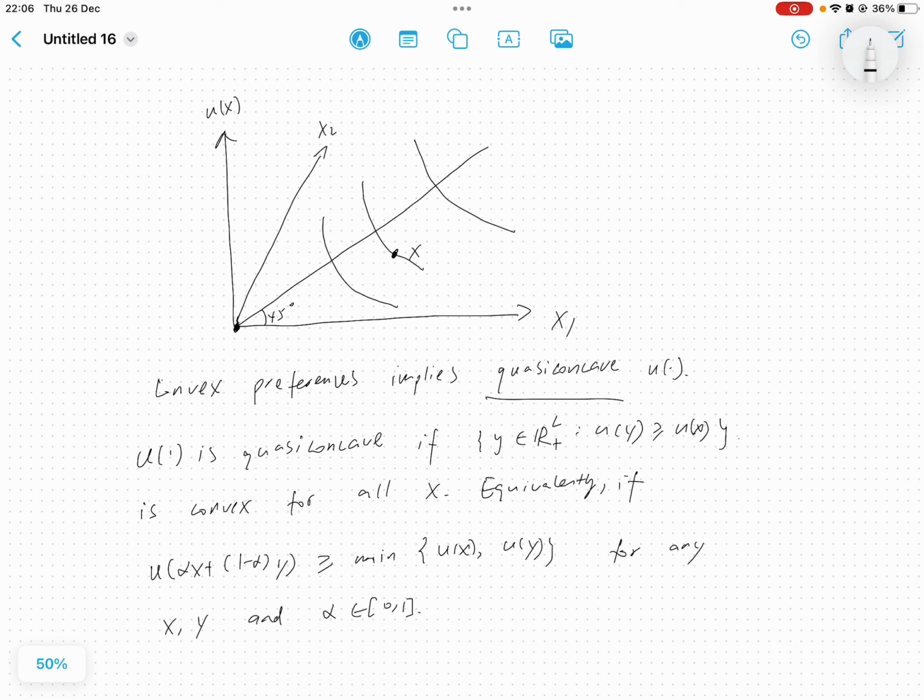We said that convex preferences imply this quasi-concavity of the utilities. From this picture, we could also have some intuition of this statement.